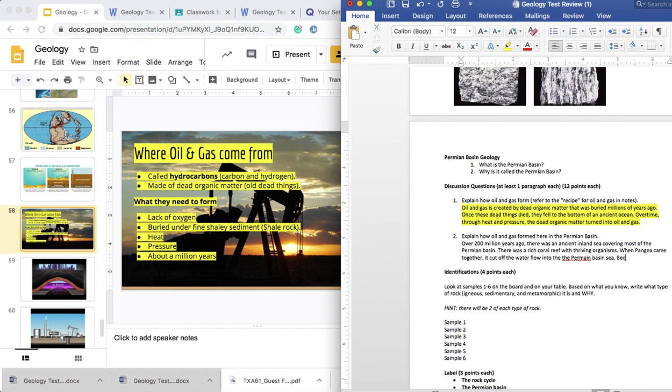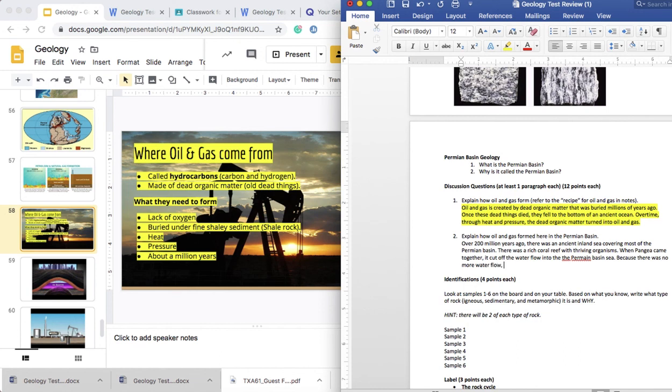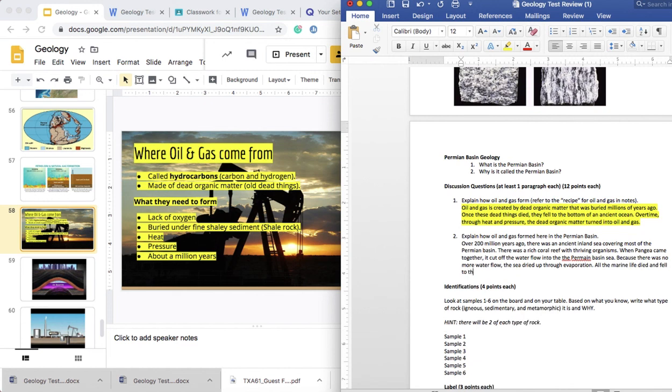Because there was no more water flow, the sea dried up through evaporation. All the marine life died and fell to the bottom of the two basins.